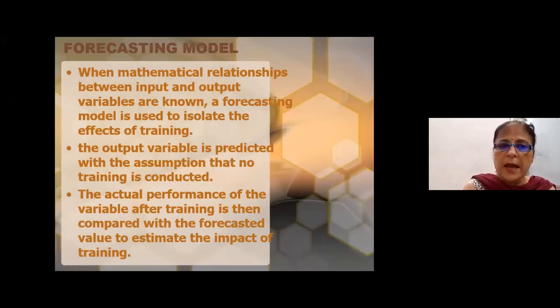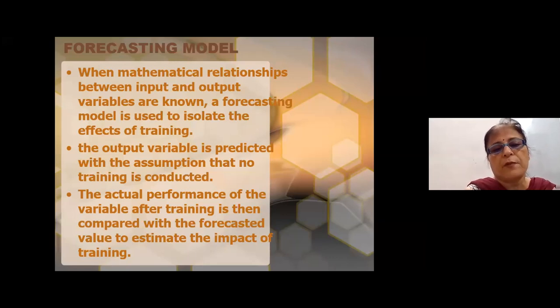Then the next strategy to isolate the effects of the training program is the forecasting model. Here, when mathematical relationships between input and output variables are known, a forecasting model is used to isolate the effects of the training.